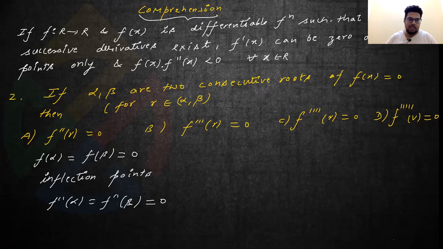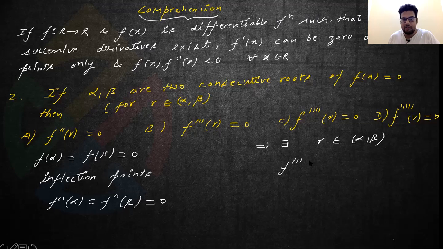Now, this is a very simple example of Rolle's theorem, right? Let us say g of alpha equals g of beta equals 0. Then there exists c, or r in our case, between alpha and beta such that the derivative of this function, which is f triple dash, is 0, right?